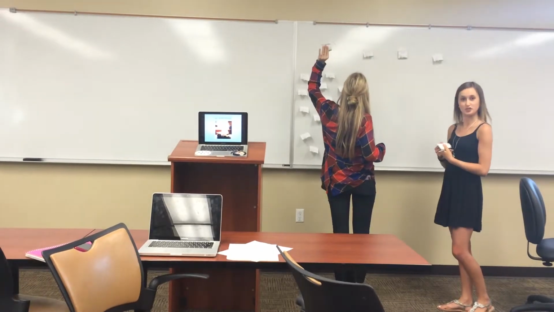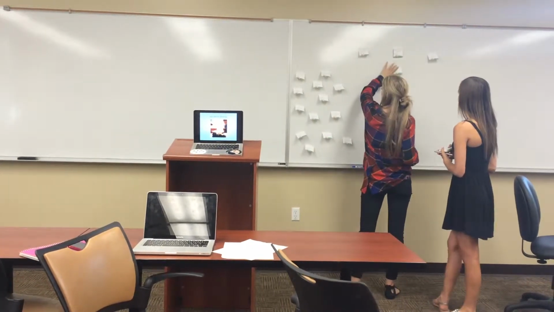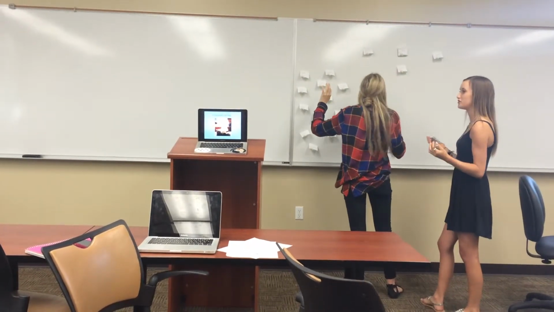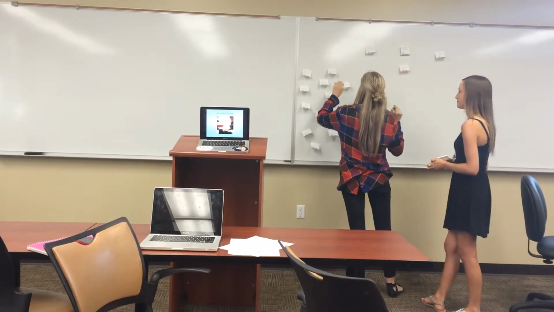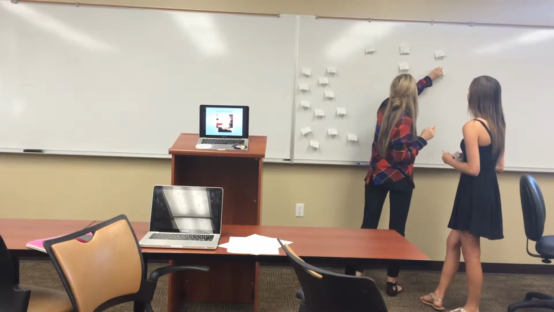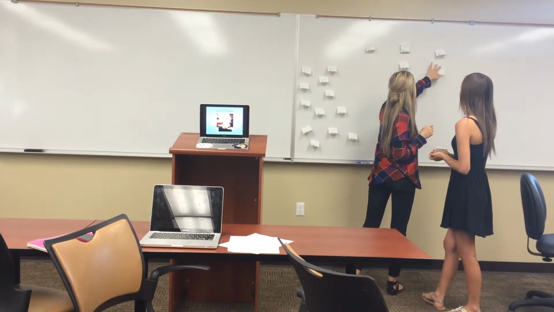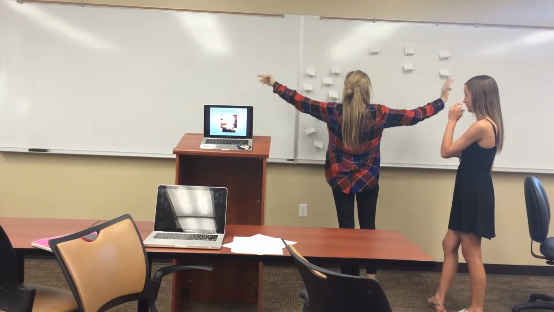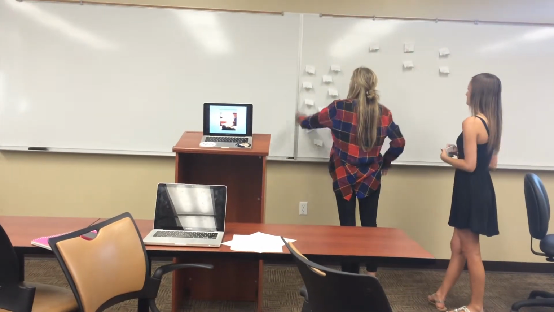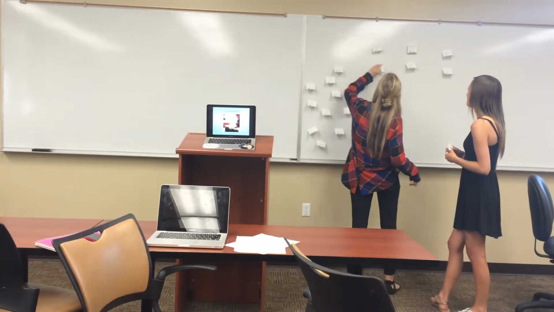Juice. So juice goes under liquid. Are the atoms in a juice tight together, or are they a little free? A little free. Steam. Steam is a gas. And how are the molecules in a gas? Free, move around everywhere. Shoe is a solid.